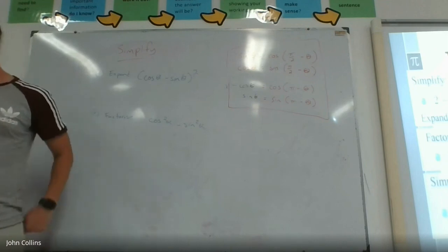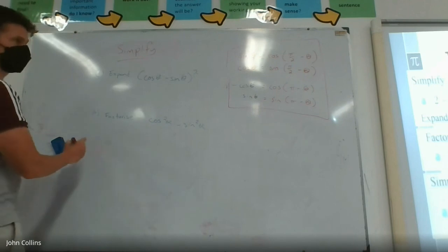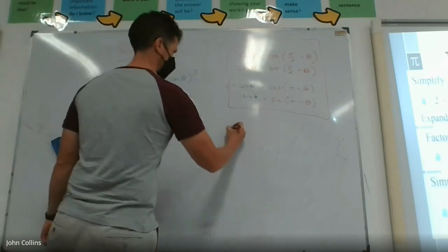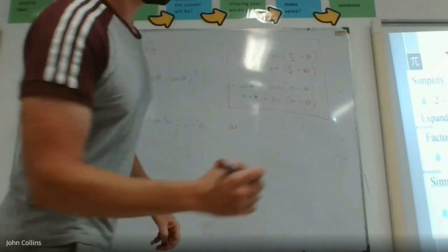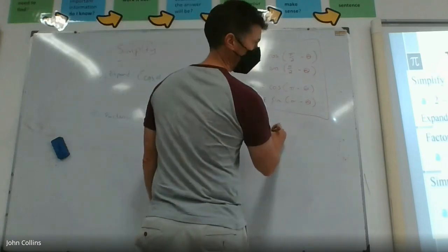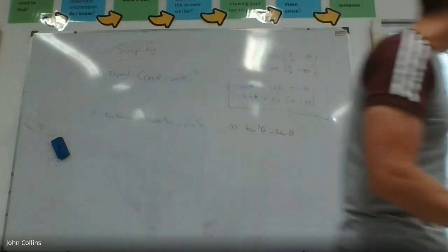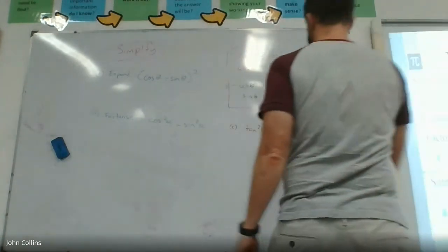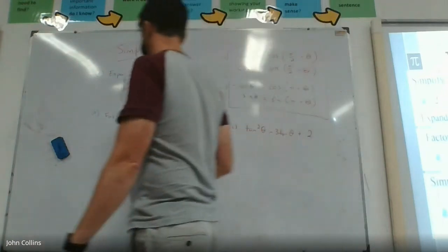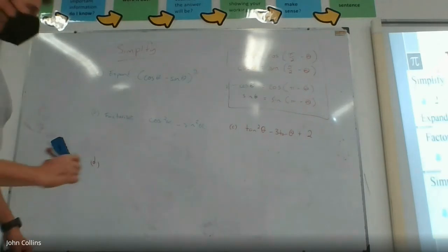Next one is, oh, I can't read all that. It's tan squared theta minus 3 tan theta, I think it's plus 2. Next one.